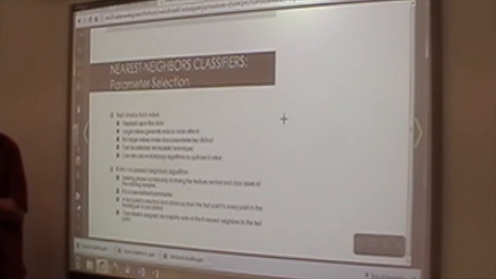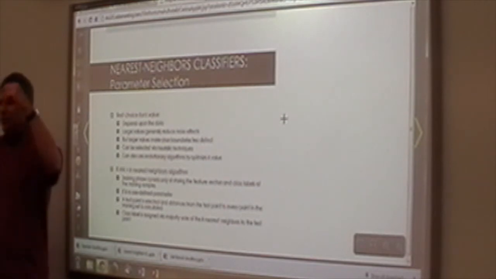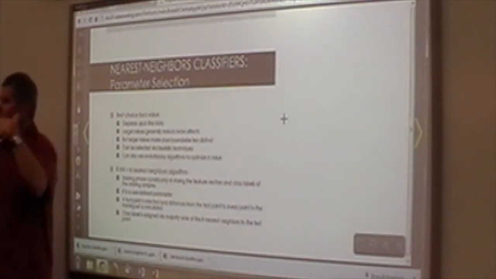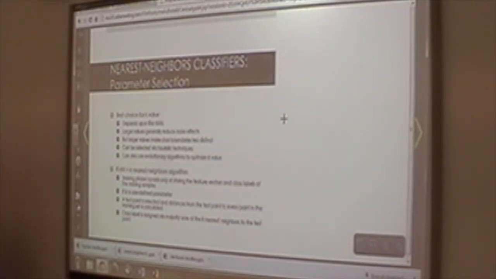What teams I've worked with a lot use is some sort of evolutionary algorithm: genetic programming, estimation of distribution algorithm, all these different evolutionary algorithms, which are algorithms based on the principles of evolution, to optimize your K value according to what's called some fitness function, which is typically the performance of the system.